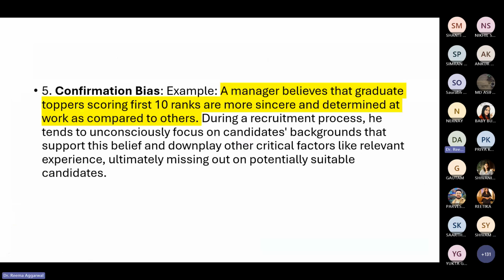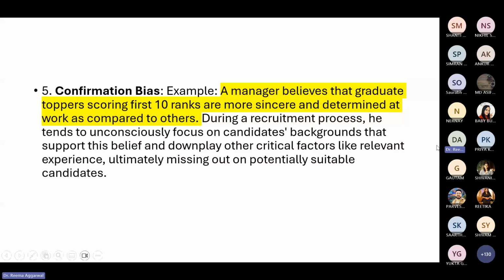Confirmation bias, I have also explained this previously. Each one of us has some pre-existing beliefs. This is good, this is bad, this is right, this is wrong. So even when we know what is happening, subconsciously, unknowingly, we try to confirm those pre-existing notions.